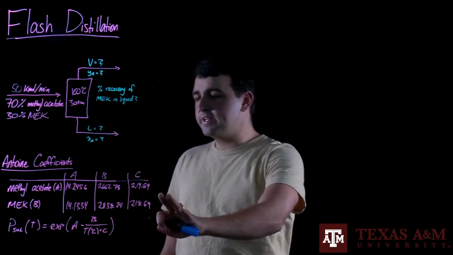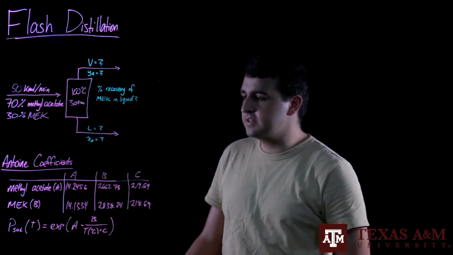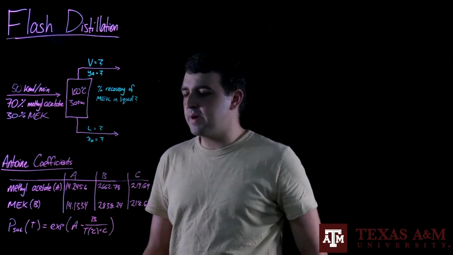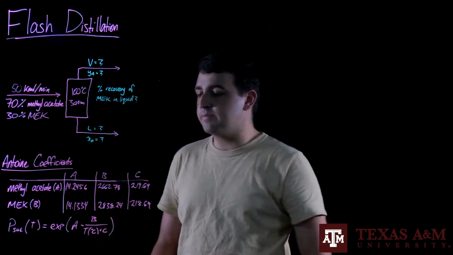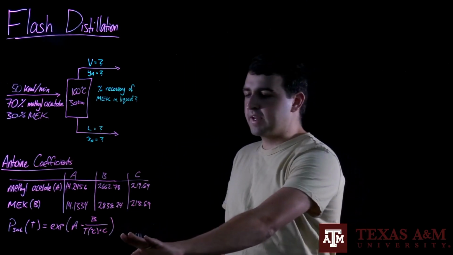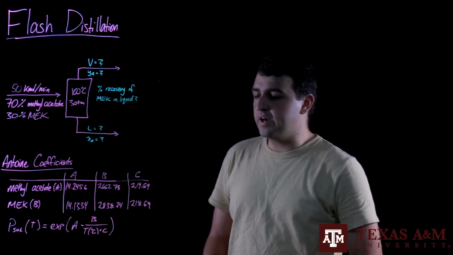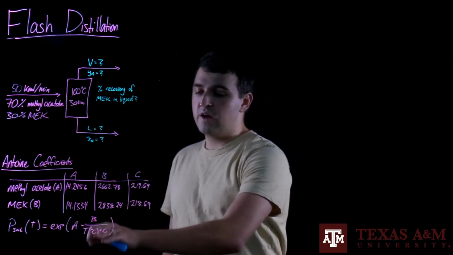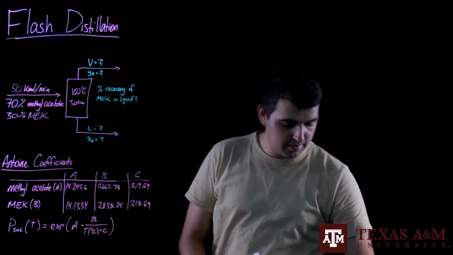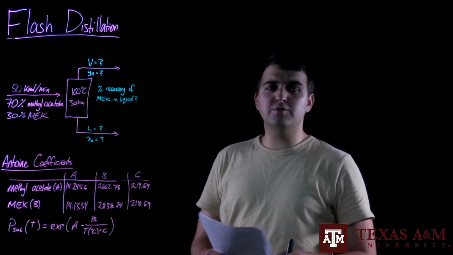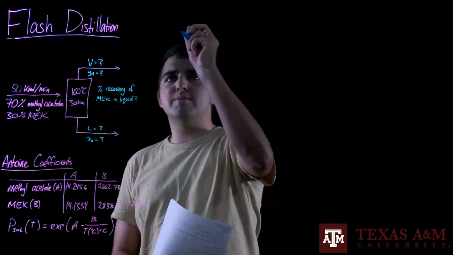For our thermodynamic data, we're given our Antoine coefficients for our A species, which is the methyl acetate, and our heavier species, the methyl ethyl ketone. And we're given this form of the Antoine equation, which is our natural log and temperature in Celsius form. So first, we want to go ahead and find the compositions.